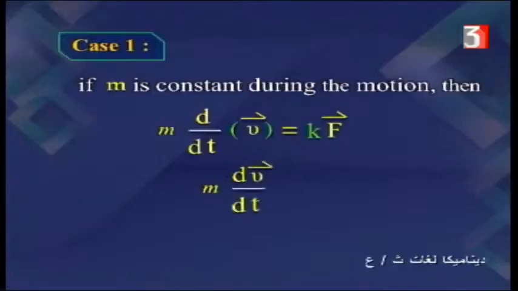What is the derivative of vector v with respect to the time t? The derivative of the velocity vector with respect to time is the acceleration vector. Then m times vector a equals k multiplied by vector F.